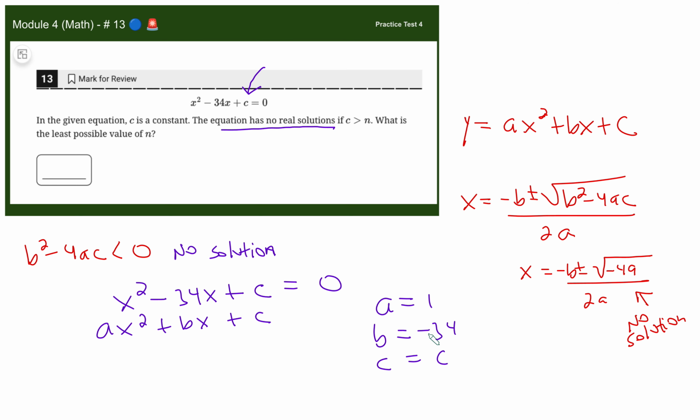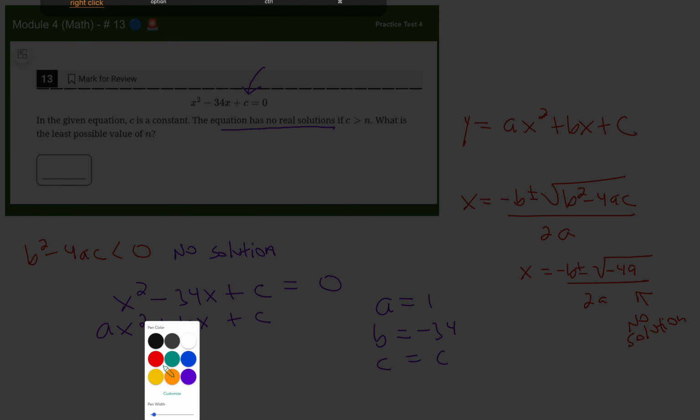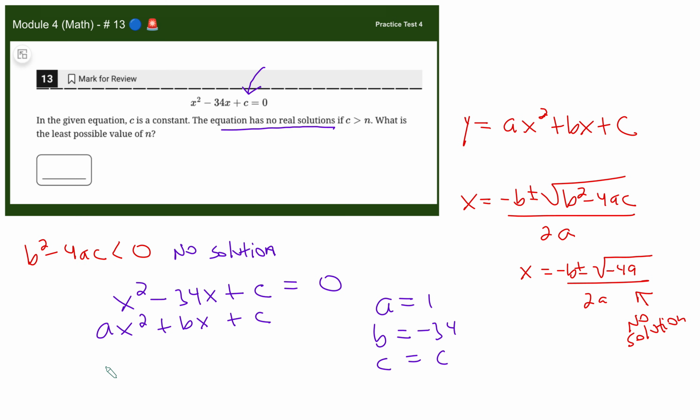Here goes. Negative 34 squared. Make sure you put this in parentheses when you square it, because if you type it into your calculator without them, your calculator will follow the order of operations and do 34 to the power of 2 times an invisible negative 1, and that'll be negative.